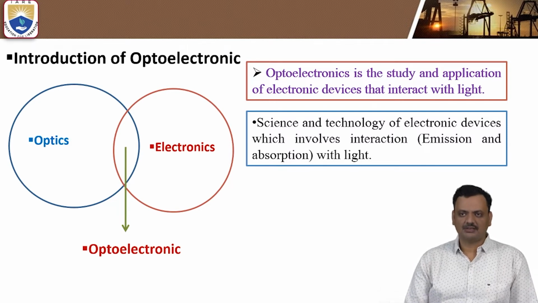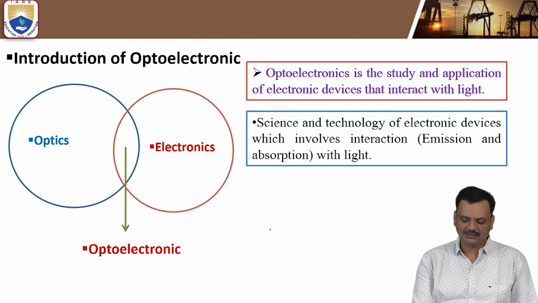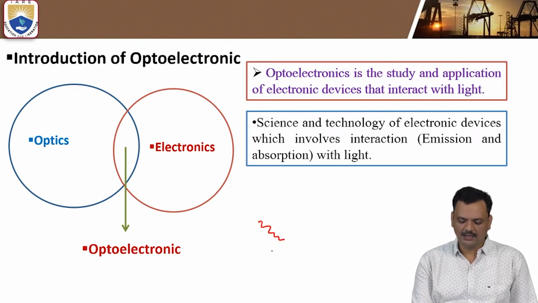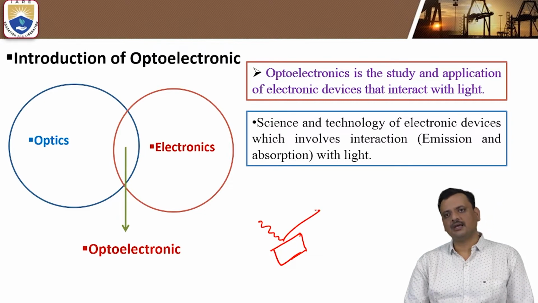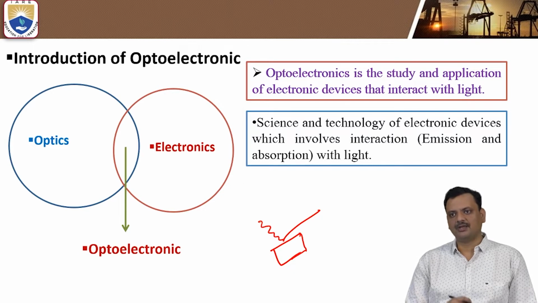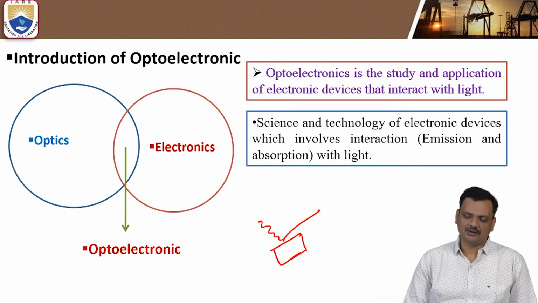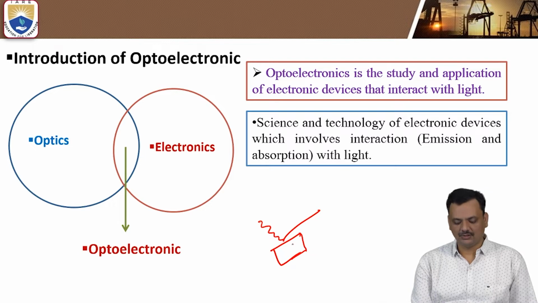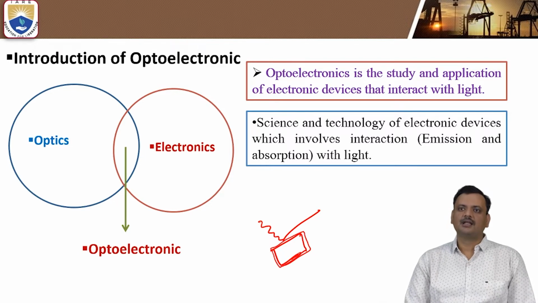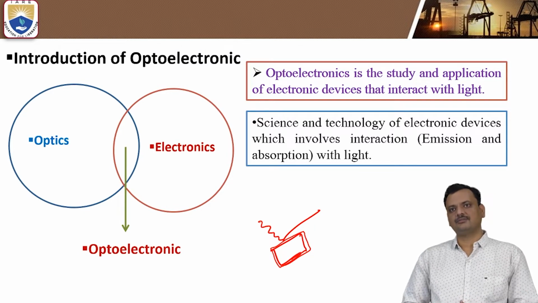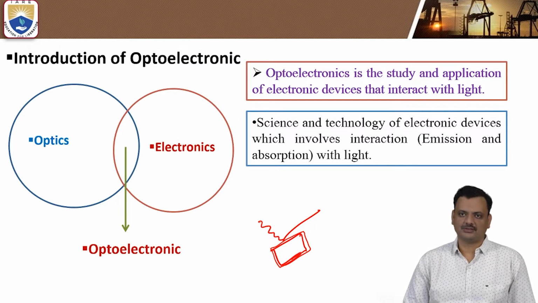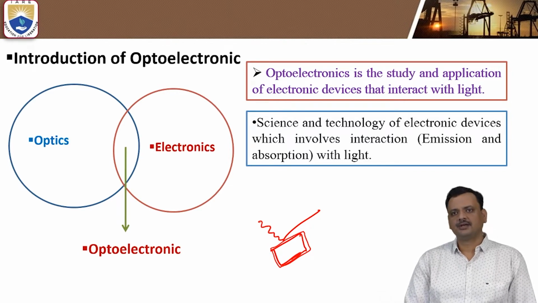Basically, optoelectronics is the interaction of light with matter, and if that interaction works as a device application by utilizing the property of light and the property of the interacting materials, then it comes under optoelectronics. From the figure itself it is obvious.